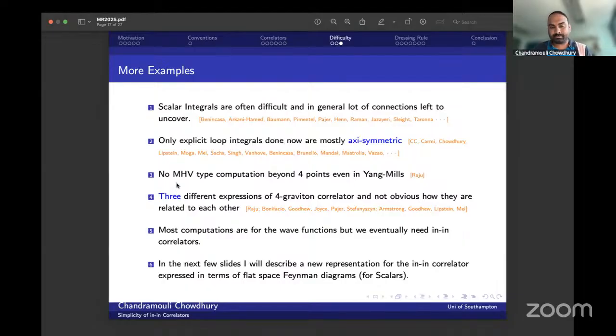In the next few slides, I will discuss what I consider a nice step towards directly computing the observable, like the correlator, without having to go through all this mess. Something that allows you to use the knowledge of flat space Feynman diagrams and directly compute the correlator. Good. Any questions before this?